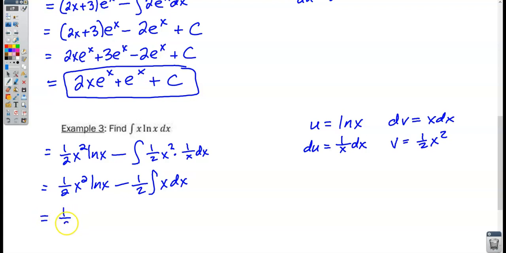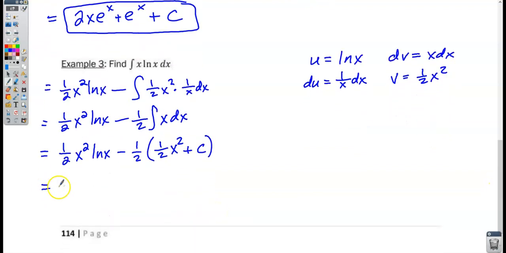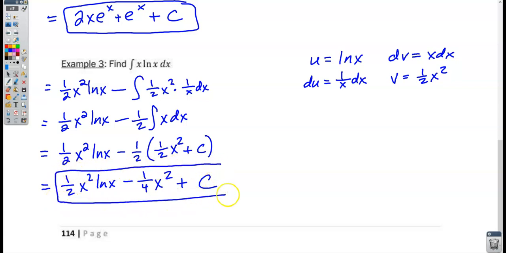And so now I integrate that expression. The integral of x is 1/2 x squared plus my constant. And so this is 1/2 x squared log of x minus 1/4 x squared plus a constant. And there's my integral in example 3.